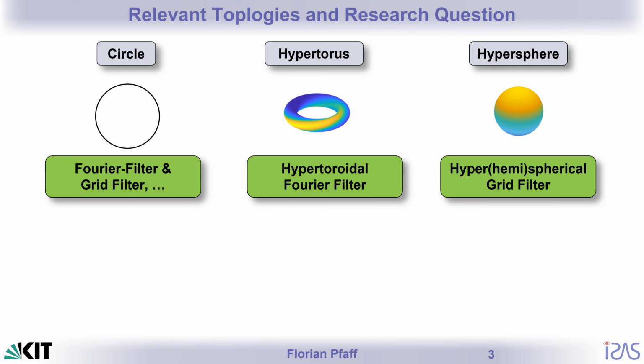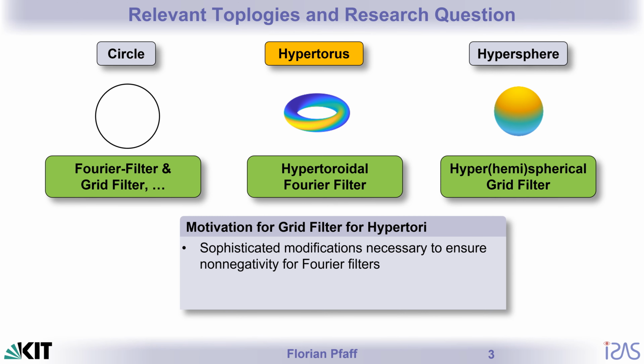With the insights from these grid filters, we wanted to develop a novel filter for the hypertorus. Why does it make sense to develop a novel filter for the hypertorus? Well, for the Fourier filter, sophisticated modifications are necessary to ensure the non-negativity of the density that is approximated by the filter.